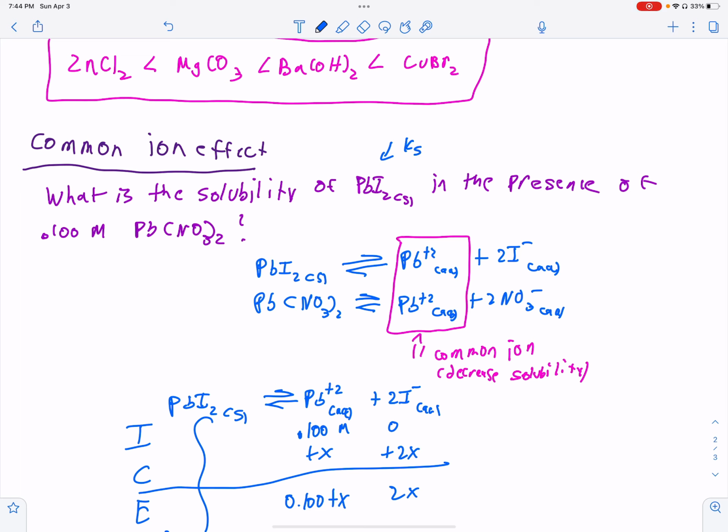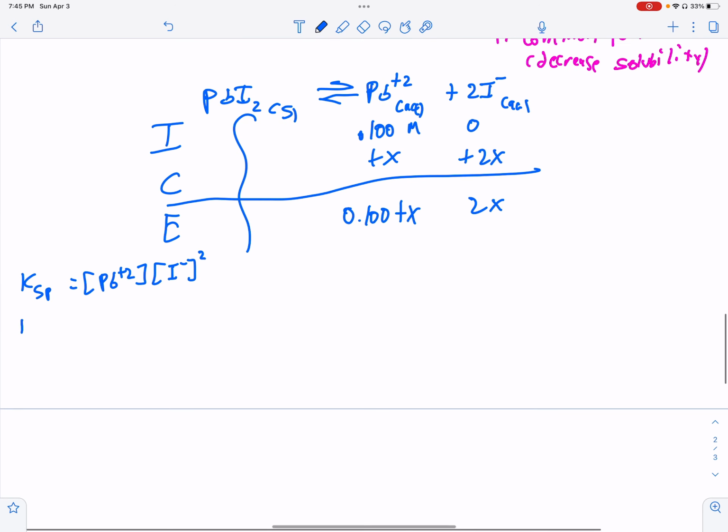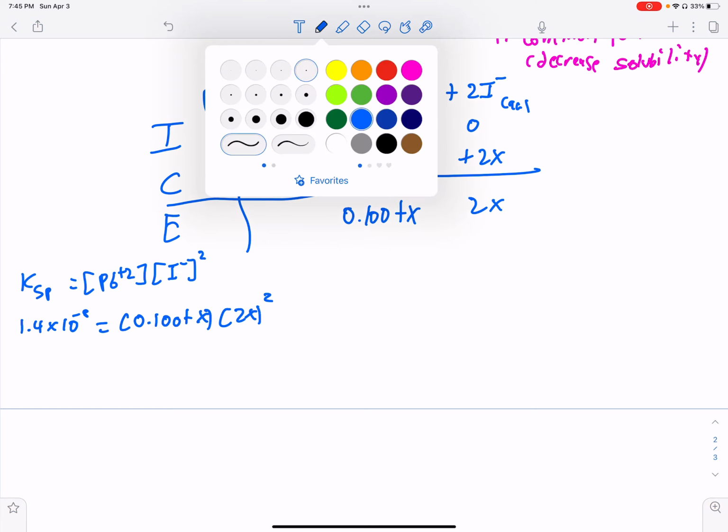The KSP is equal to 1.4 times 10 to the minus 8th. So given that KSP, I can now continue making this expression. So the KSP, 1.4 times 10 to the minus 8th, is equal to 0.1 plus X times 2X for the iodide squared.